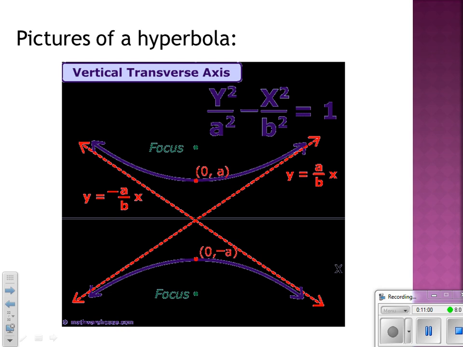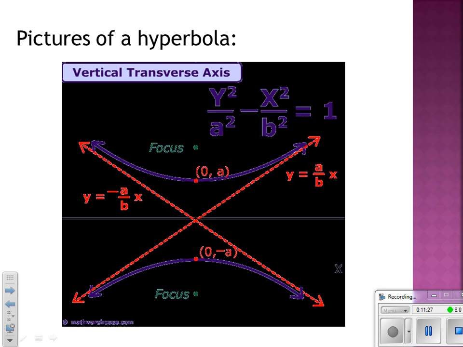To come up with those lines that form those asymptotes, you're going to use those same A's and B's that we are finding through our calculations and through our playing with our points. Notice where the focus points are. They are still inside the curves, just like they were with our parabolas and ellipses. I think that's about all I wanted to point out on this picture.